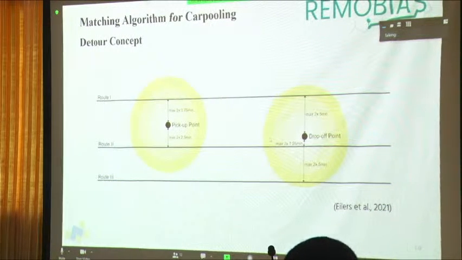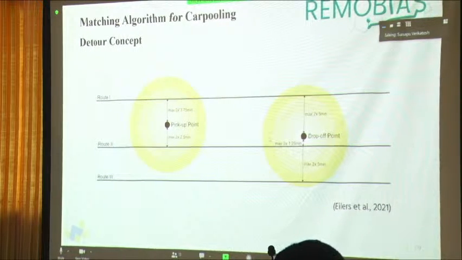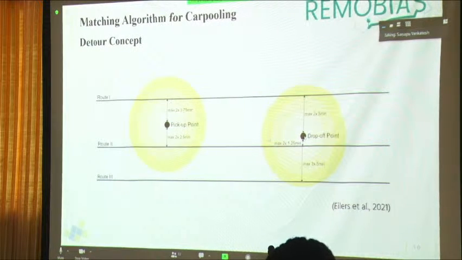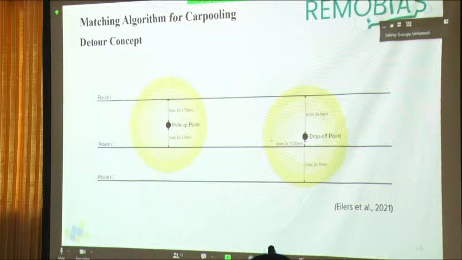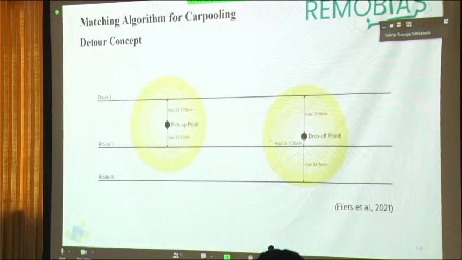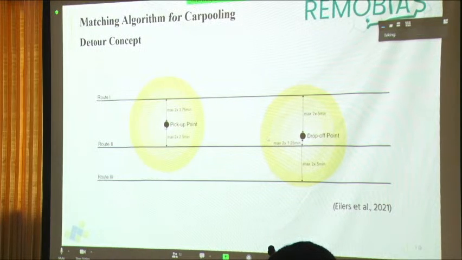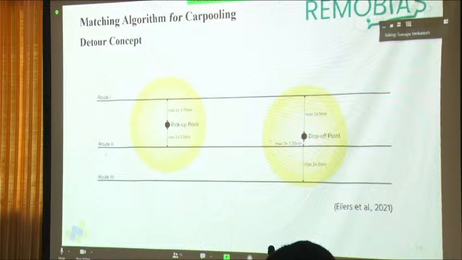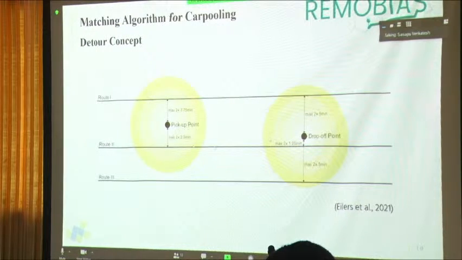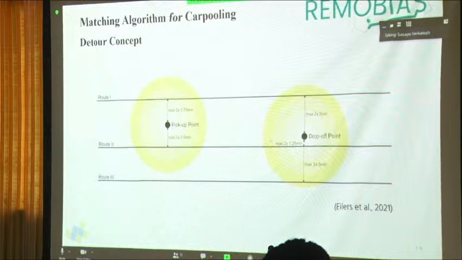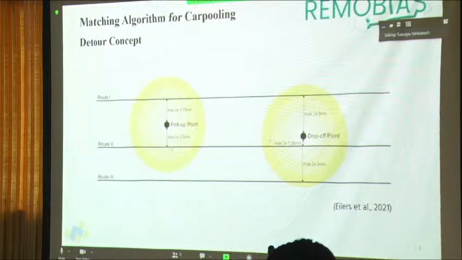Our model is working on this isochrone or concentric circle, which has a limit of maximum 2 times 5 minutes, which is 10 minutes, for a pickup or a drop-off point, either point. If the route created by the driver is closest to the pickup or drop-off point, then our system will give the route to the passenger.